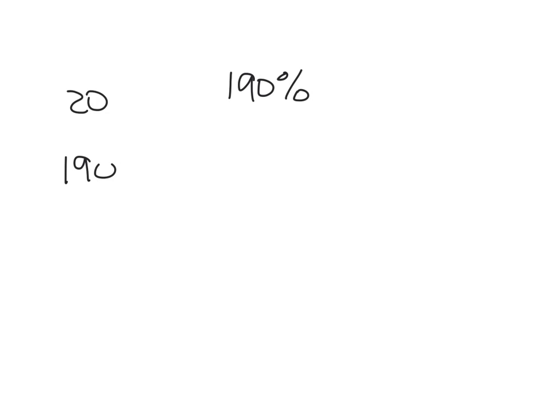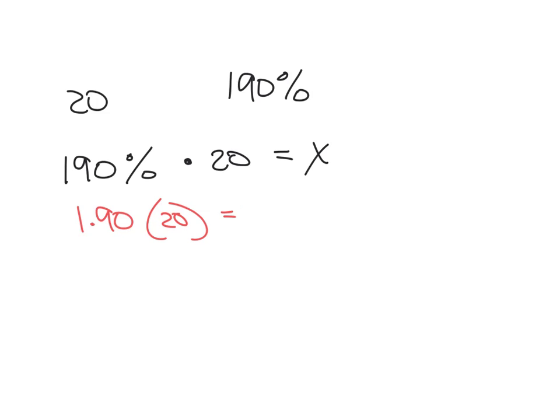So it's actually 190% of 20 is what number? And then you're changing this to a decimal, 1.9, times 20 equals x. So multiply those together, you get your answer, and you're good to go. But other than that, I think you'll be fine.